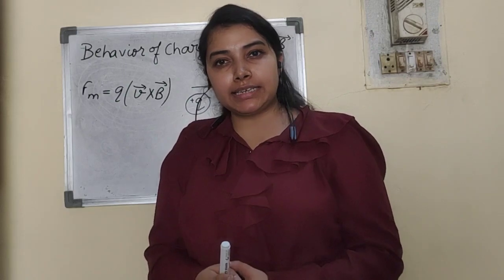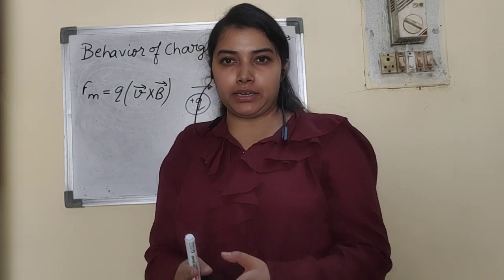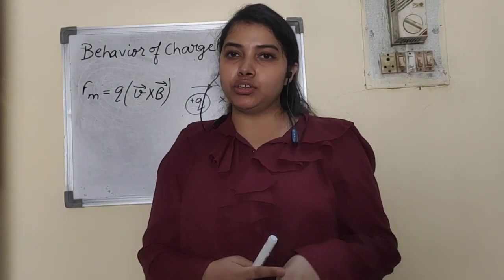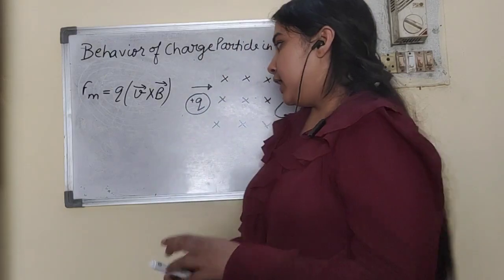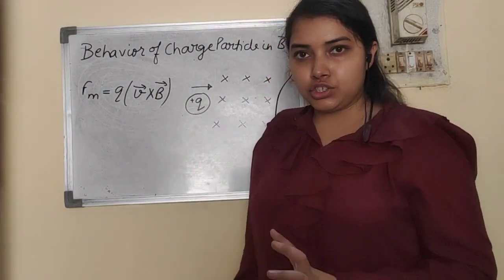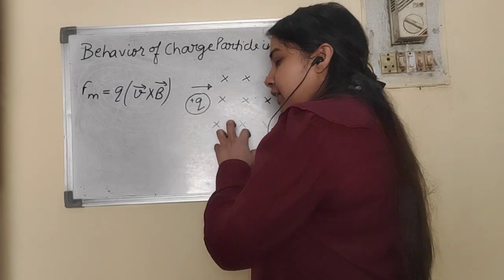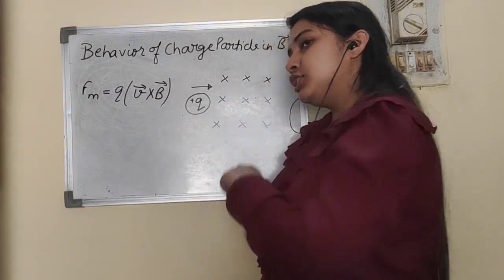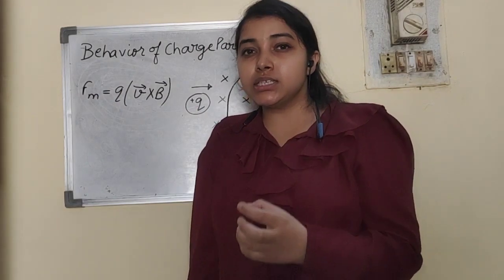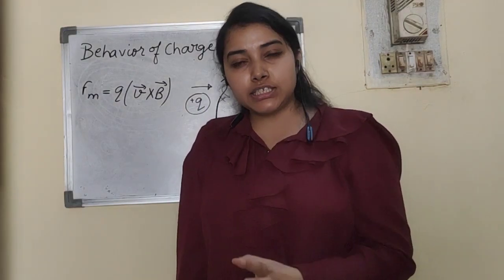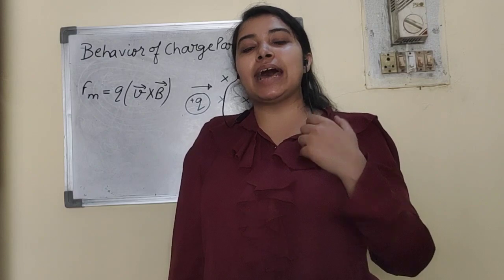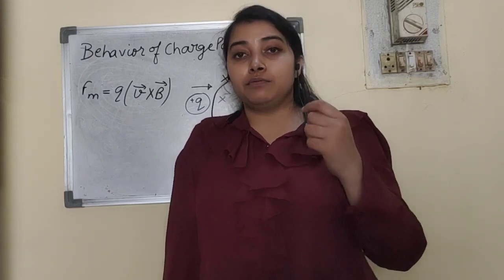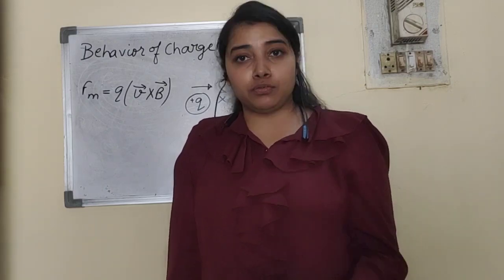Now, let us understand the behavior of charged particle when it is entering into the region of magnetic field. Here we have considered a positive charge, and a positive charge is entering into a region of magnetic field. When the positive charge enters into magnetic field, it experiences a certain kind of force, and this force will change the direction or path of the charged particle.